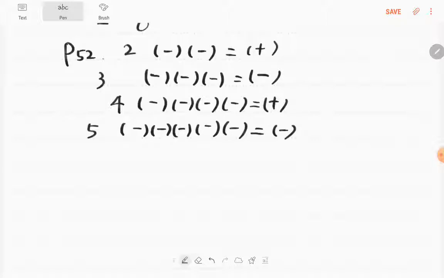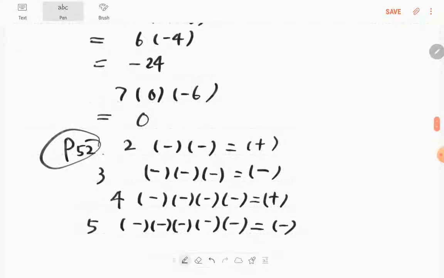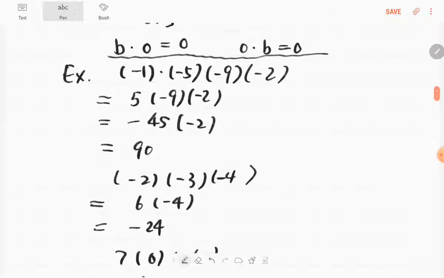So you can check this table on page 52 to help you find the pattern, right? If we know the pattern, we can know the sign of the answer directly. For example, this time we have 1, 2, 3, 4, 4 negative numbers. So 4 is an even number, so our answer definitely will be positive.